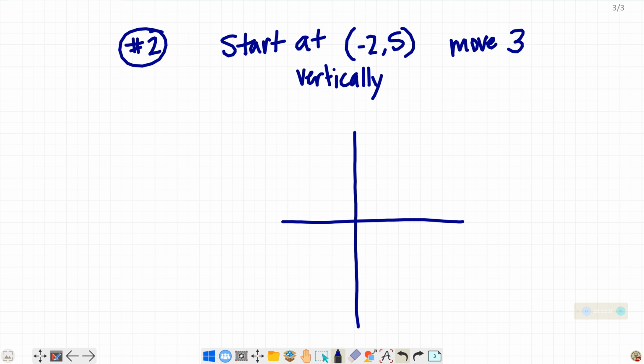We're going to go left 2, so -2 means to the left 2, and then we're going to go up 5. 1, 2, 3, 4, 5. All right, so they are moving vertically. Vertically is up and down, and they moved 3 vertically.